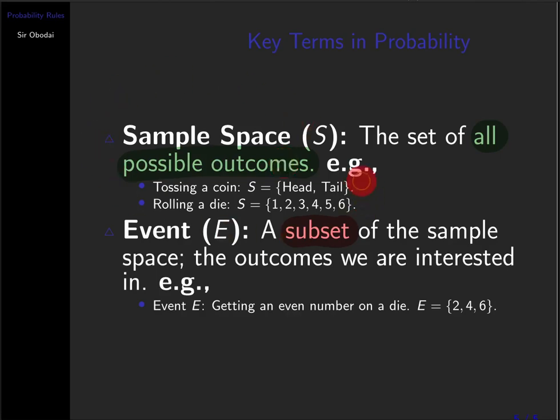So out of all this sample space, I am interested in getting an even number. Then that becomes my event. Then we go back to the sample space and look at all the possible outcomes that satisfy the condition of our event.